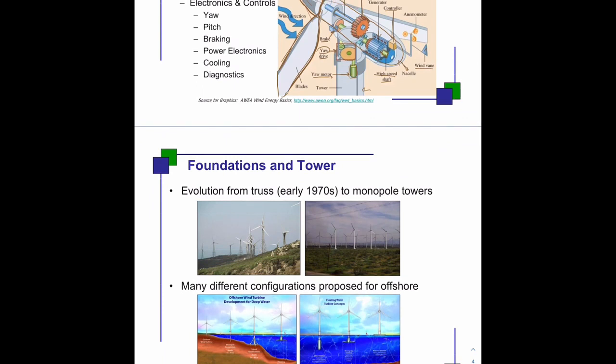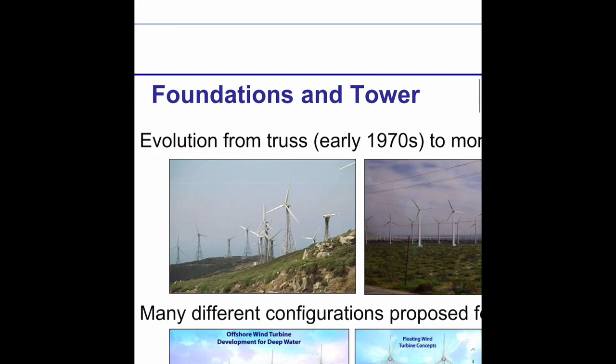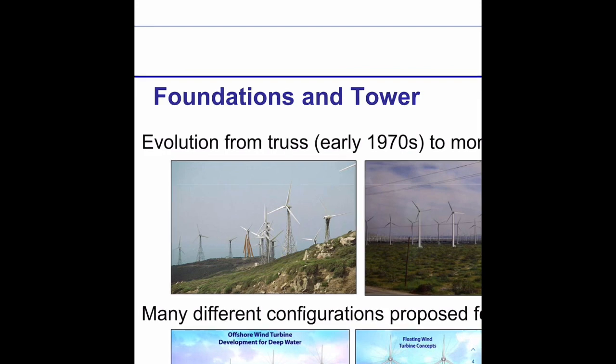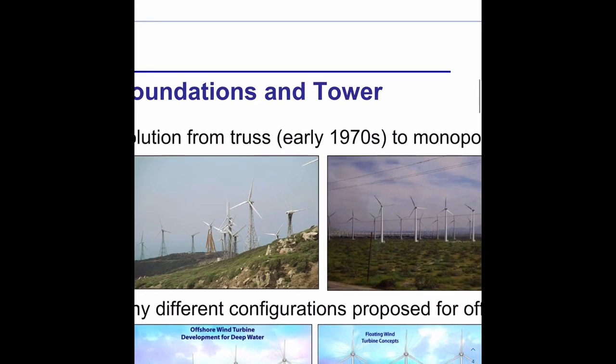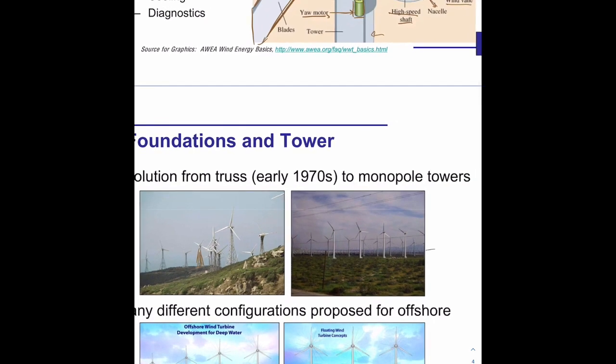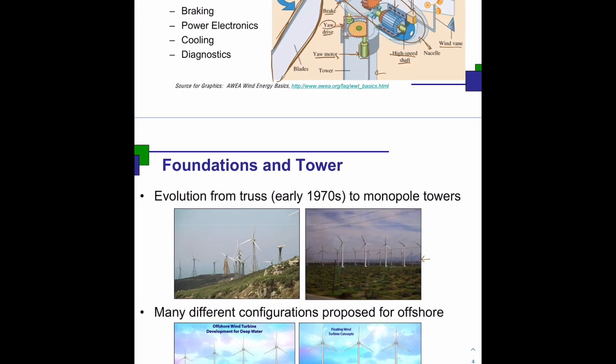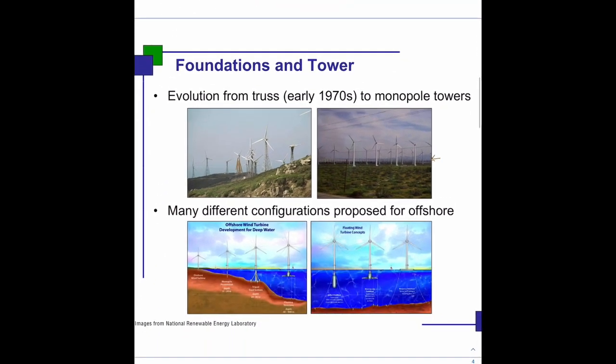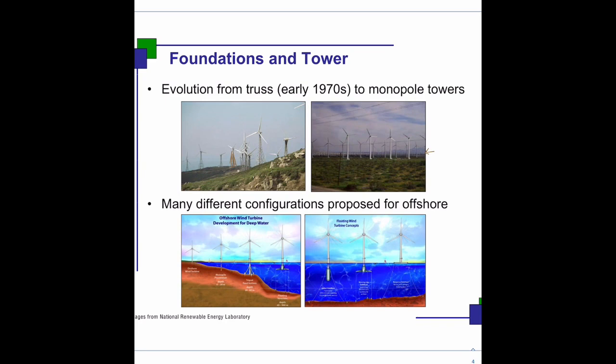Foundations and tower: evolution from truss in the early 1970s to monopole towers. Before, the design generally used was the truss, but in the early 1970s they developed it to be on monopole towers.